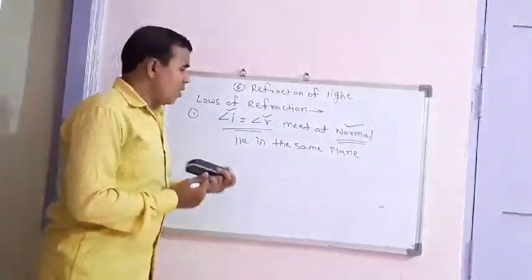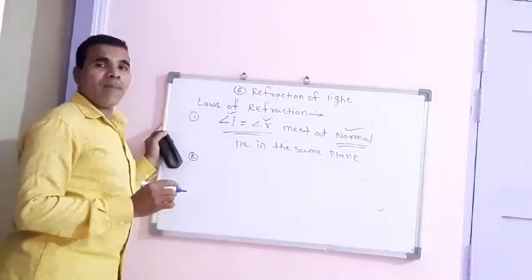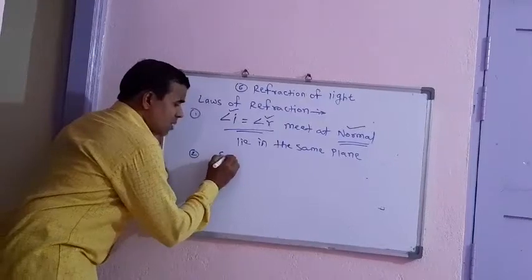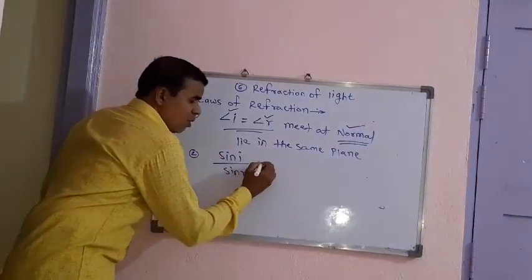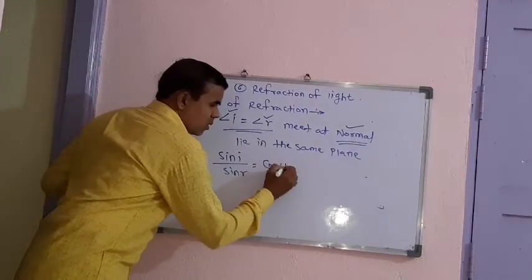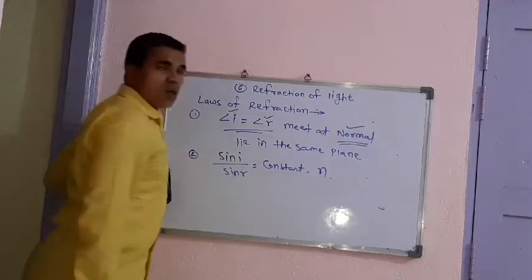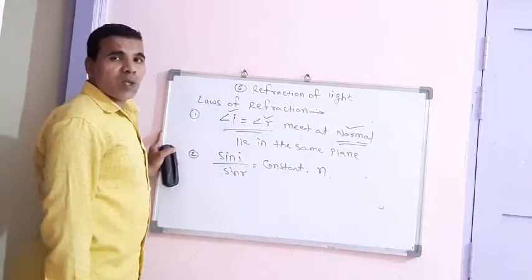Number two: for any given media, the ratio of sin i upon sin r is equal to a constant. This constant is denoted by the letter n, which is known as the refractive index.